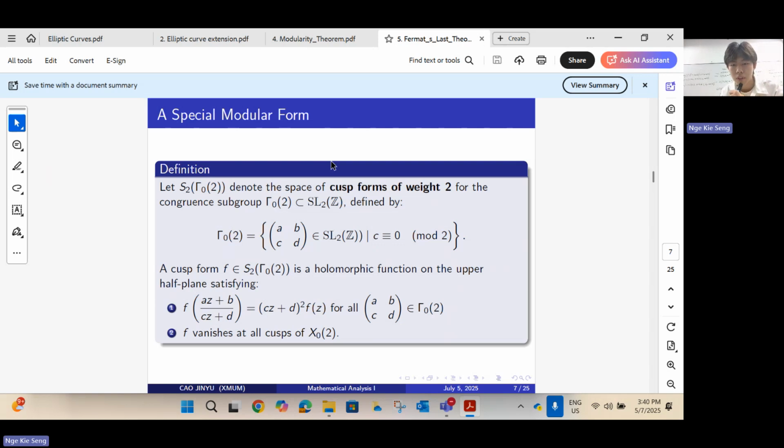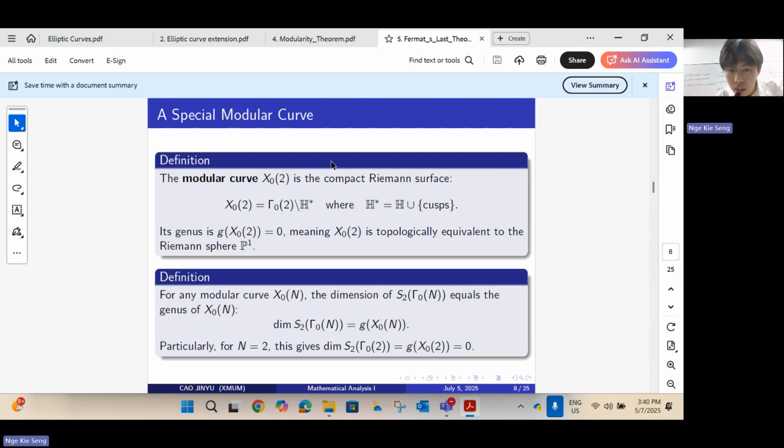For the holomorphic function f, it should satisfy the following two properties. Then you might be curious about how we define X0(2). Actually, it is a compact Riemann surface defined like this. And the special thing is that its genus g of X0(2) is 0.